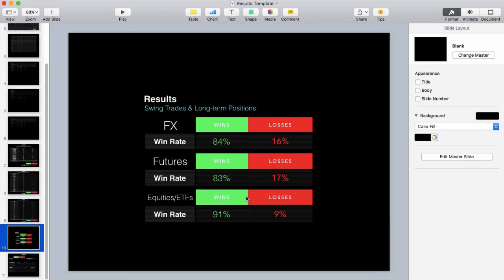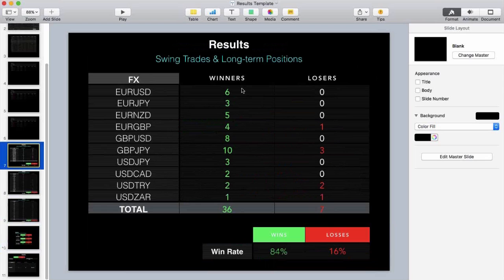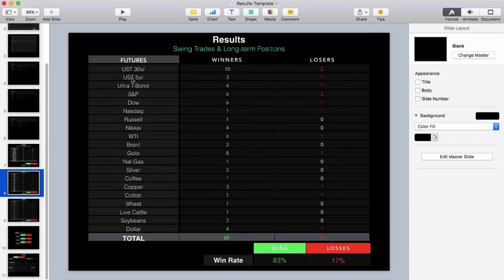You guys can see this. I just posted this. This is some of our win rates. This is in our active trader room. We had 36 wins in the last 90 days. We trade a lot of pound yen, 10 winners, 3 losses. So that's an 84% win rate. 30-year, 5-year ultras, S&P, Dow, NASDAQ, oil, gold, nat gas, silver, coffee.